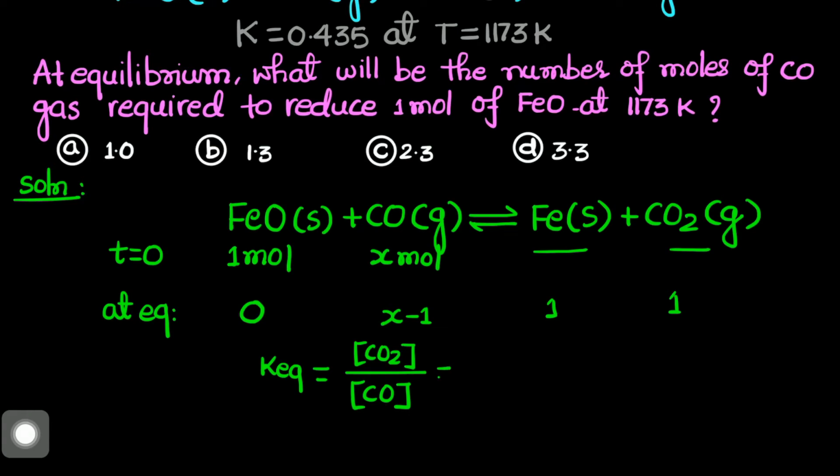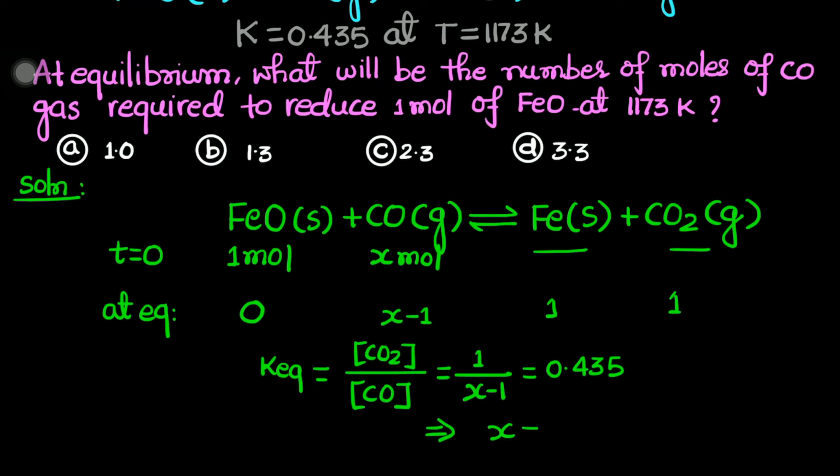So CO2 moles is 1 and CO moles is x minus 1, and the K equilibrium given value is 0.435. So we will equate it with 0.435, and from this we will find the value of x.